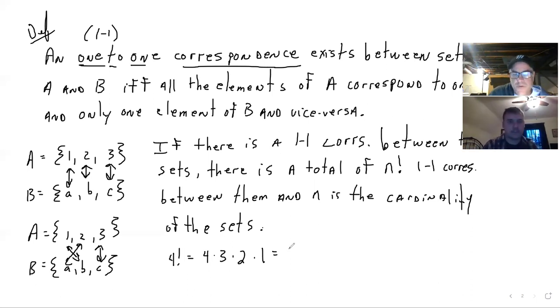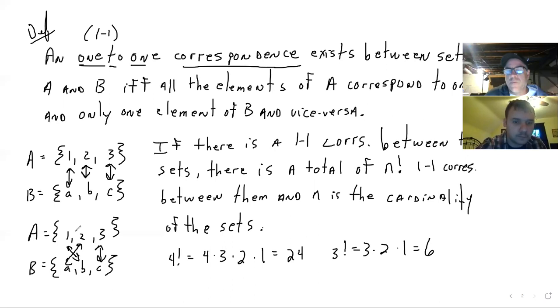So in this case, you'd get 24. 3 factorial would be 6. So the example I just did here, there would actually be 6 different one-to-one correspondences you could show. 2 sets that had cardinalities of 4 would actually have 24 different one-to-one correspondences between them. If you had 2 sets with 5, it would be 120 different one-to-one correspondences between them, so on and so forth.